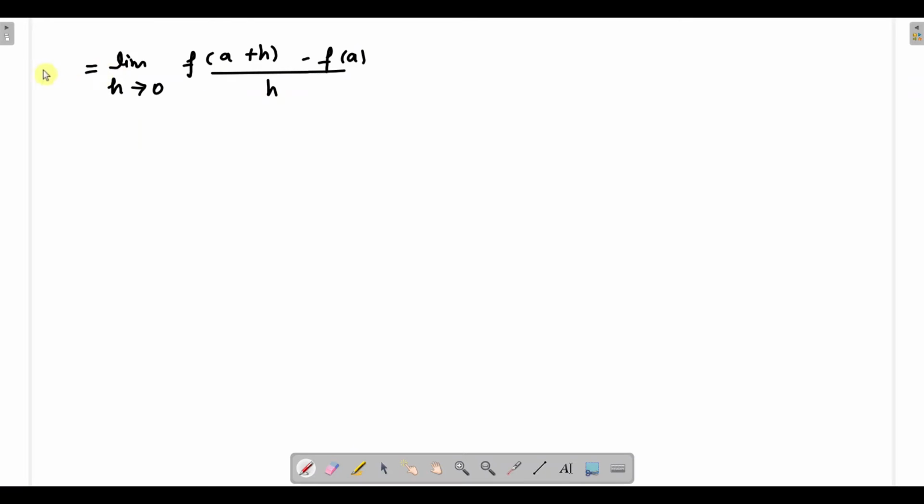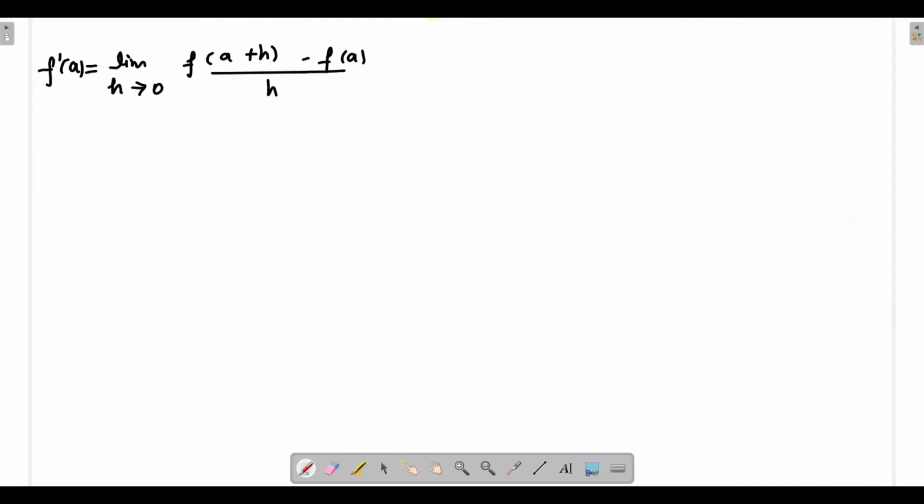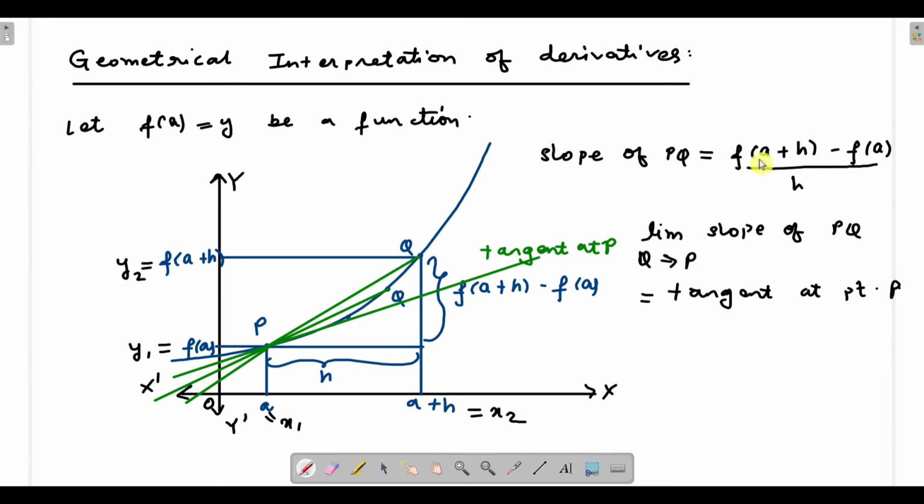This is what? This is nothing but the derivative of f at a, right? This we have defined here. Okay, so that we have written f prime of a, and you can see that now this quantity here is the same as this quantity, the slope of PQ, right?